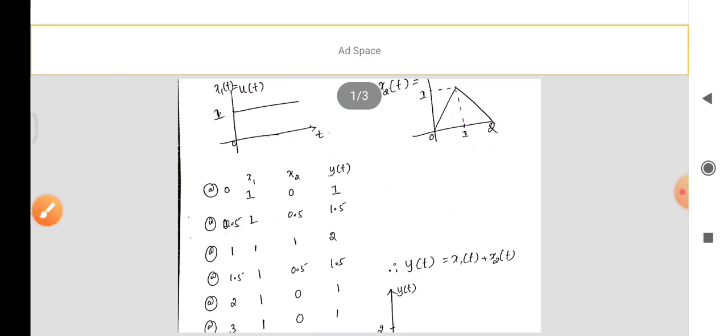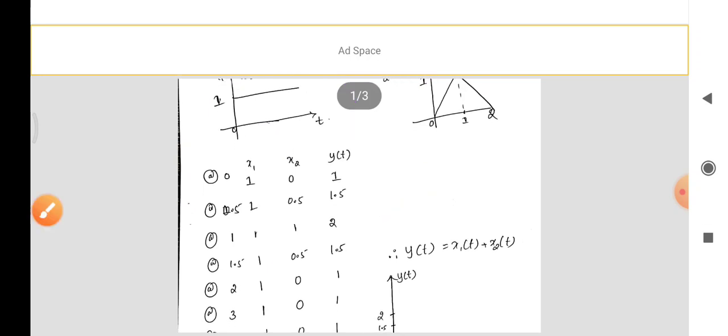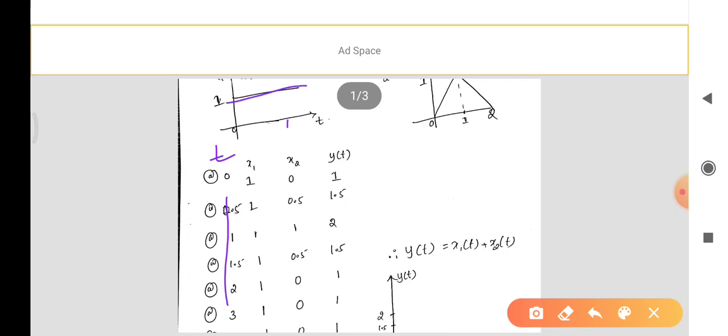Next we'll take 1. At 1, u of t's magnitude is also 1, and the second signal is 1. So you have to take 1 plus 1 is 2. Magnitude is 2 now. Then at 1.5 seconds, u of t's value remains the same, 1, and the second signal's magnitude is 0.5.